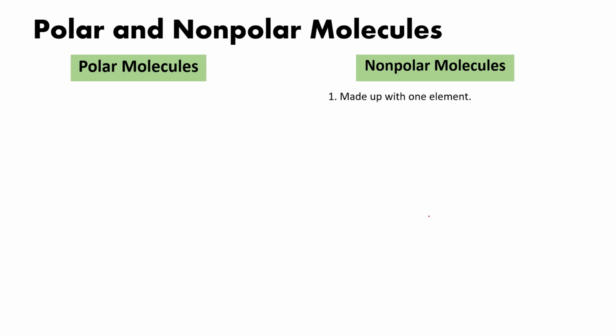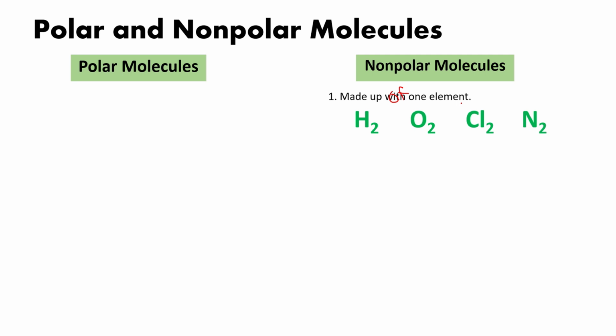First, it is made up of one element. H2, for example, hydrogen gas, oxygen gas, chlorine gas, and nitrogen gas. So these are molecules. Remember, we call them a compound if there are two atoms involved in the bonding.